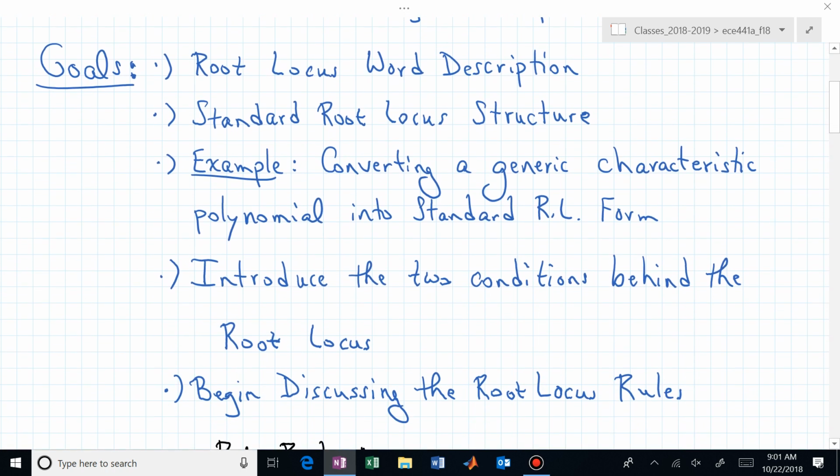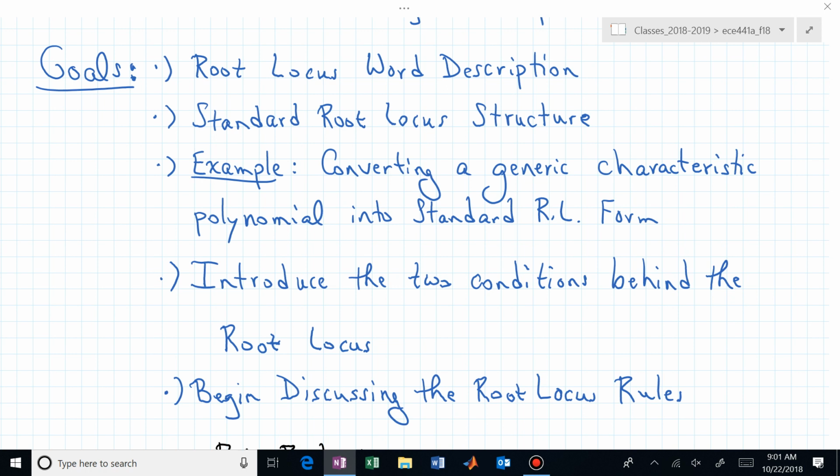Today what I want to do is pick up with Root Locus. That's what we're going to be immersed in for the next week or more. And you'll use that in lab number 3. We'll start with just a word description, and then we will talk about the standard structure of the block diagram, or the standard structure of the expression that we will use to sketch the root locus.